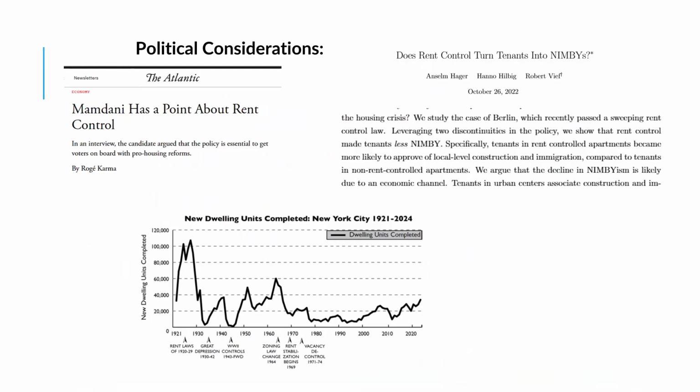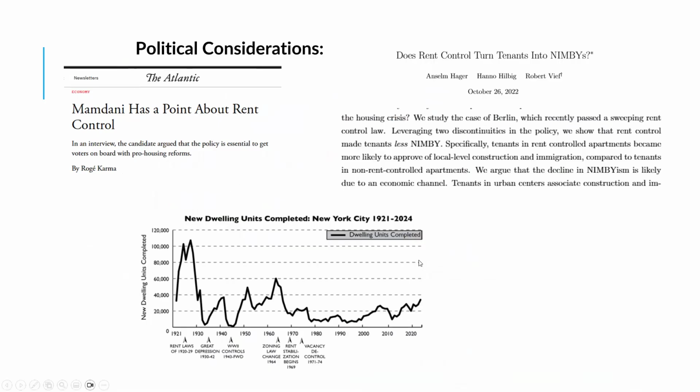So there are some political considerations for why rent control is not going away. The first is it's just so popular with tenants, and New York City is just such a big tenant city. And the second part is that rent stabilization is actually kind of the carrot on the stick of housing construction.